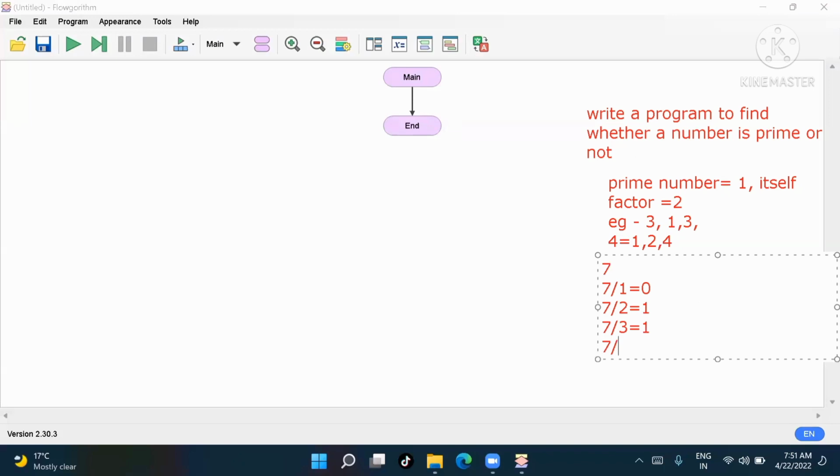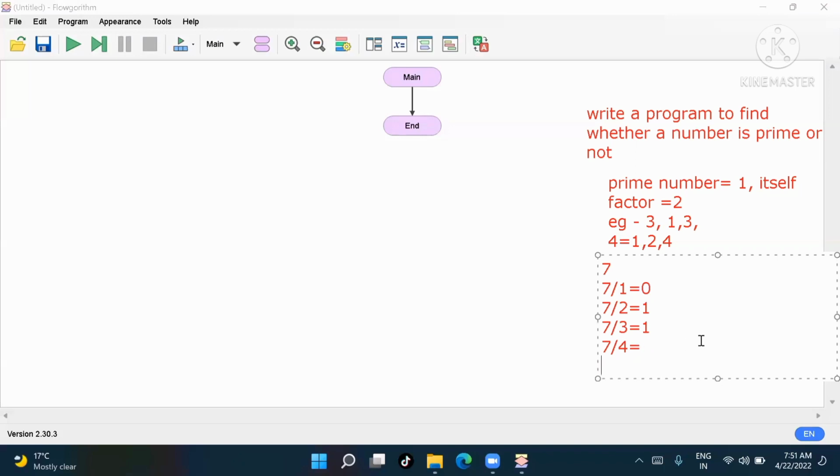7 divided by 4, what will come as remainder? 1, right? You will not get 0.